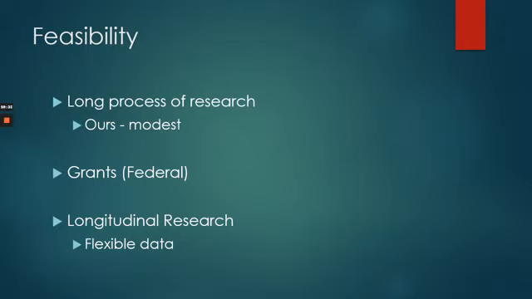In terms of feasibility, if you do longitudinal research, this is something special that you need to think about. Longitudinal research is where you're following the same people over time. As part of my graduate work, I did secondary data analyses from a longitudinal project. The people started having data collected on them when they were 3 years old.